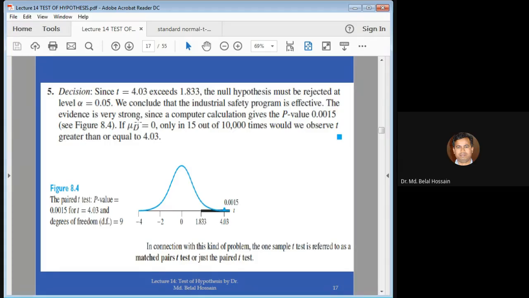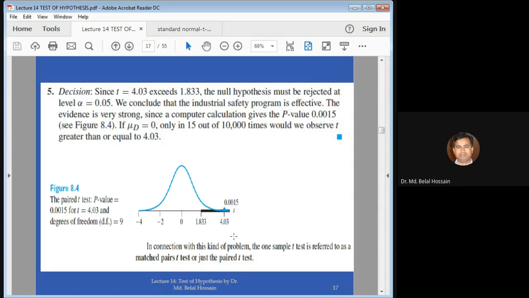The evidence is very strong since a computer calculation gives us the p-value 0.0015. They calculate in other ways that you can use the computer, some statistical packages we have, SPSS, Stata, SAS, R, etc. So from that software, using computer, you can find the p-values directly, okay?